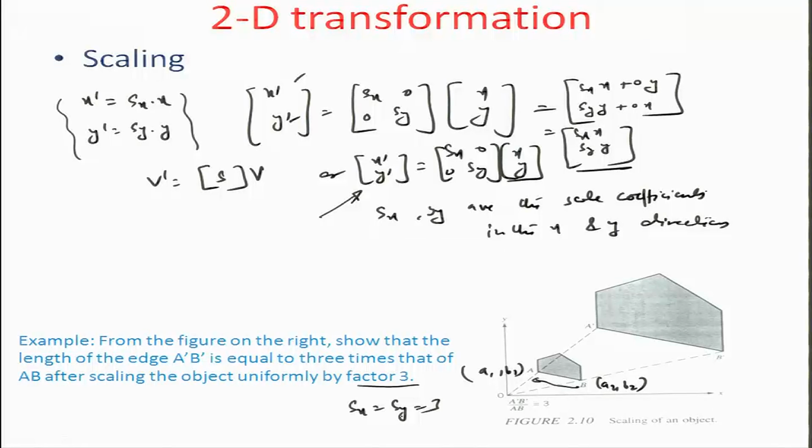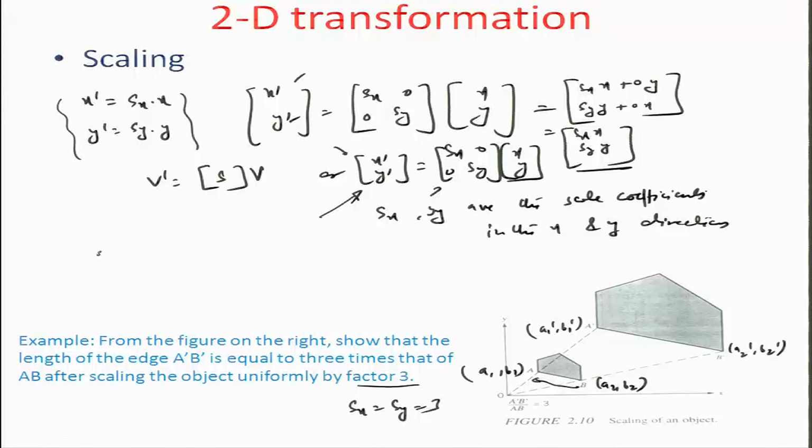If I apply the geometric transformation formula, the coordinates x dash y dash become equal to the scale matrix times the initial coordinates. Let us assume that the coordinates A1 B1 translate to A1 dash B1 dash, and similarly A2 B2 translate to A2 dash B2 dash.